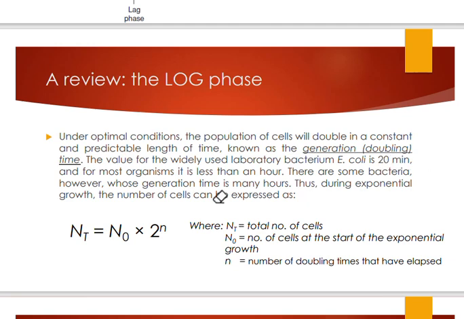However, for other microorganisms, you can express the number of cells through this formula here: Nt equals N0 times 2^n.